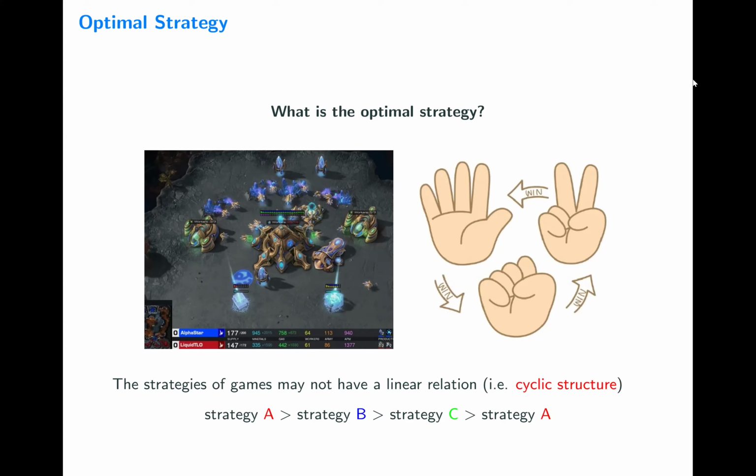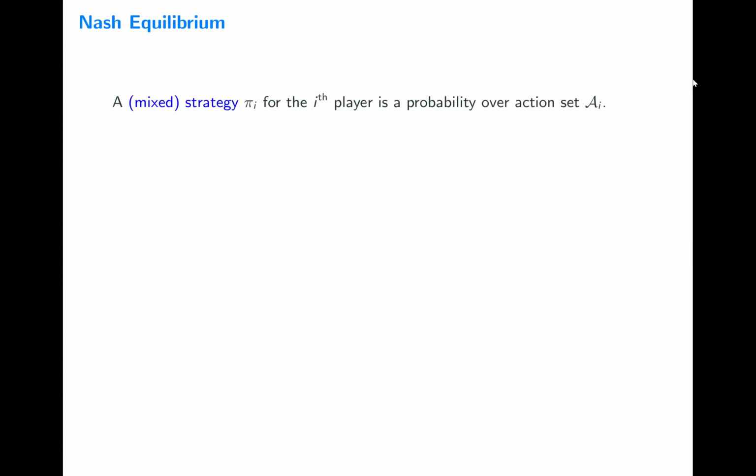So a lot of times you even have cyclic structures. In that case, defining what the best strategy is becomes a bit tricky. So there is a lot of discussion about it. One of the commonly used notions is called Nash equilibrium. As you can probably read on Wikipedia, essentially we say a strategy, or usually we talk about a mixed strategy in a sense.